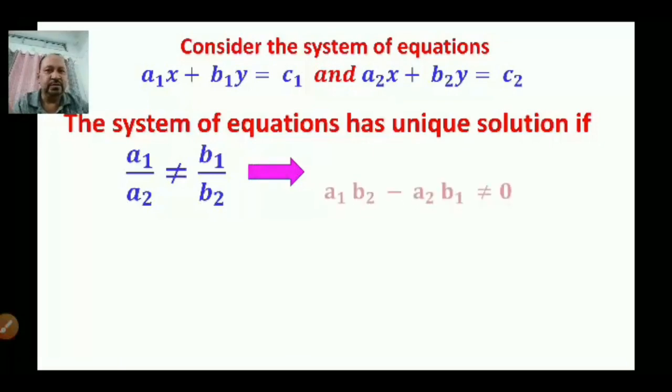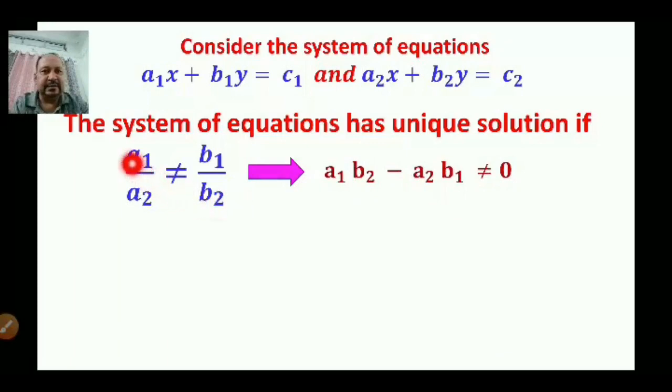So if you cross multiply a1 b2 and a2 b1, you will get a1 b2 minus a2 b1 is not equal to 0, then the system of equations has a unique solution.